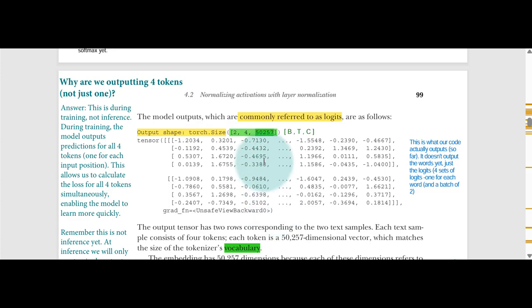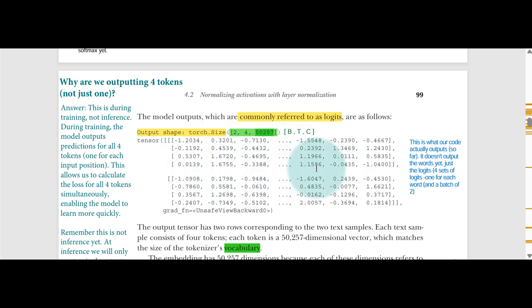Because remember, the vocabulary is the set of all possible words that we could have. And so these are sort of like a probability for each of the possible vocabulary. We're trying to predict what word should come out in the second token of the sequence, the third token, the fourth token.